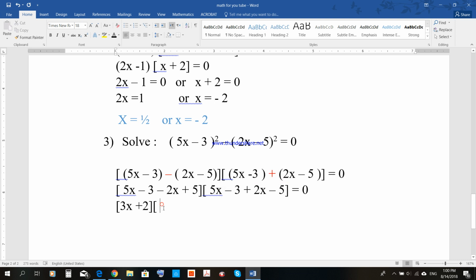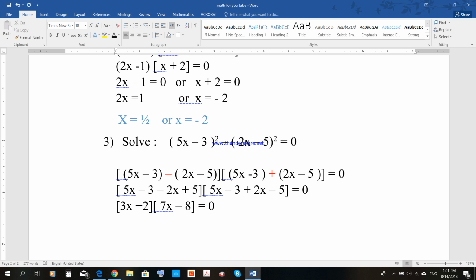It becomes 7x. Then minus 3 minus 5: same sign, we add the numbers and put the minus as a sign. Here now we get what?